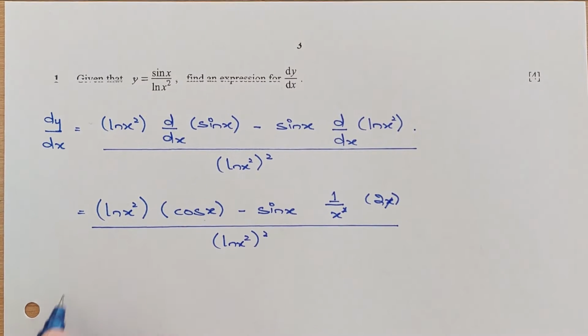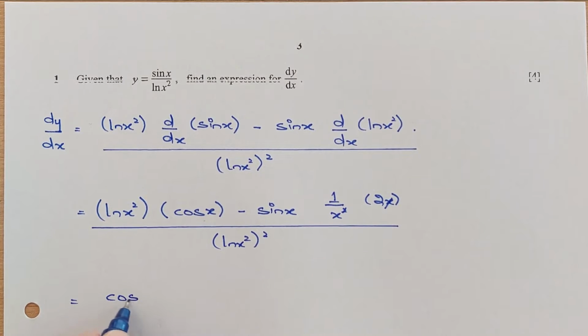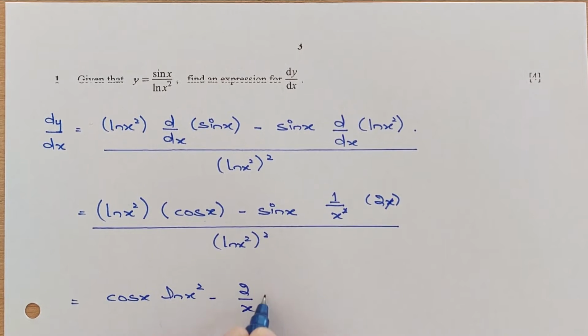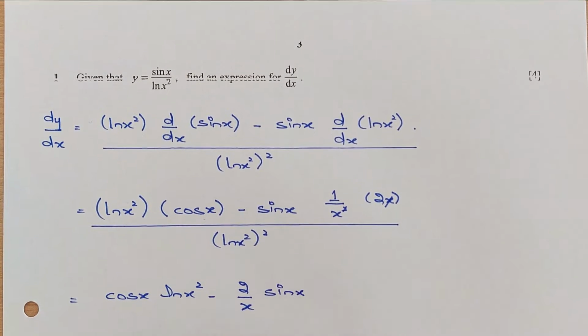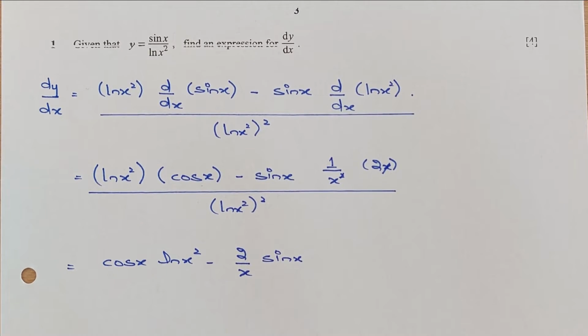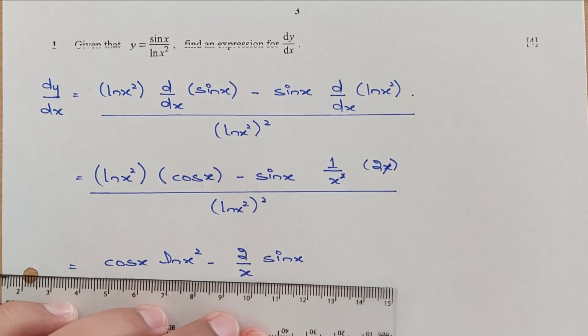Okay, let's simplify by one more step. We have cos x ln x squared, negative 2 by x sine x, and this whole thing divided by ln x squared whole square.